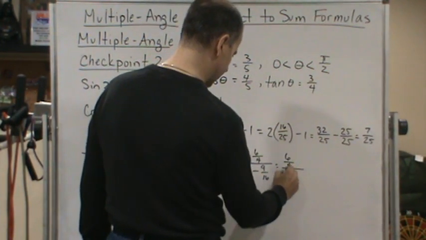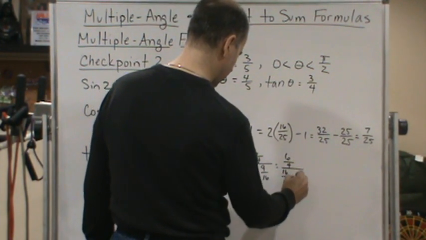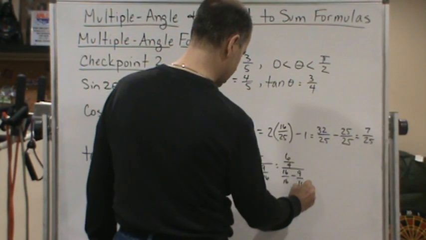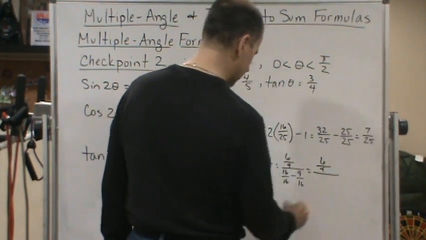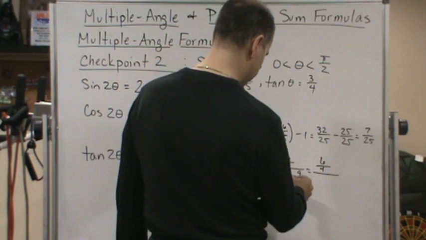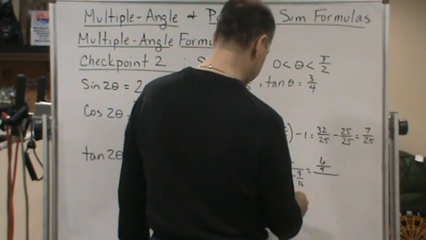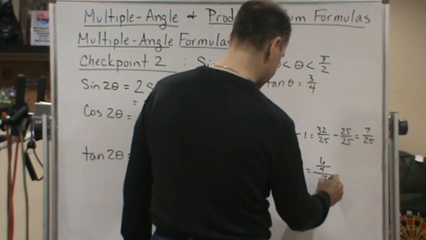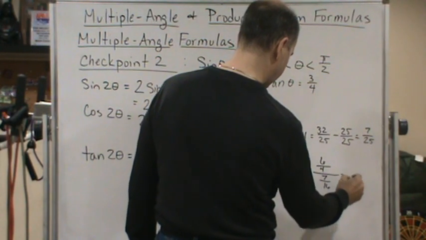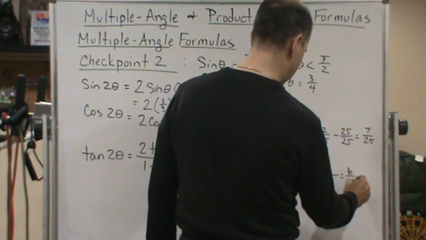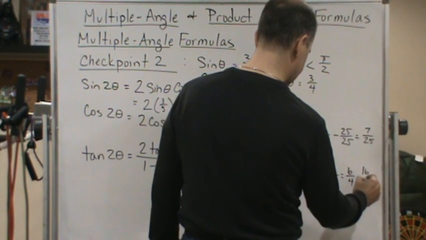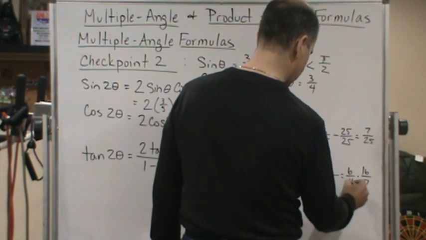This is going to be 16/16 minus 9/16. So this is going to reduce to 6/4 divided by 7/16. And then of course we can write this as a multiplication. So it's going to be 6/4 times 16/7.